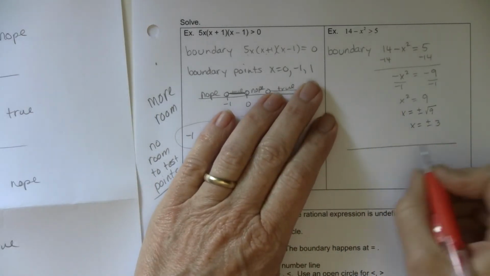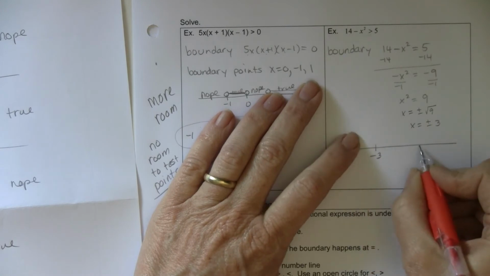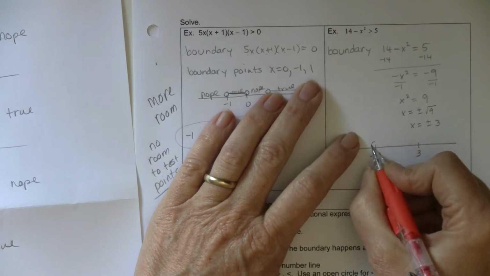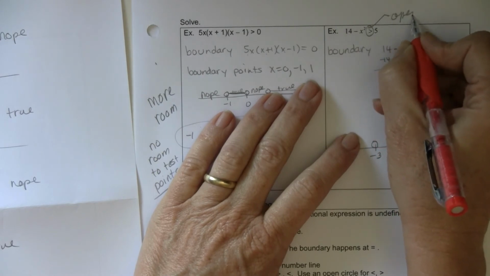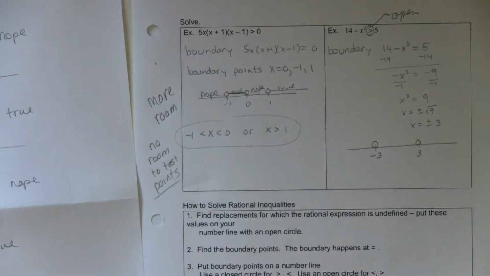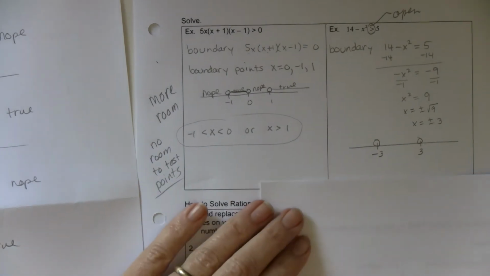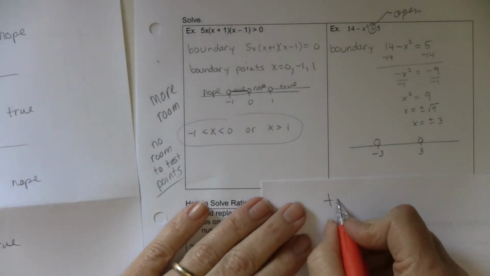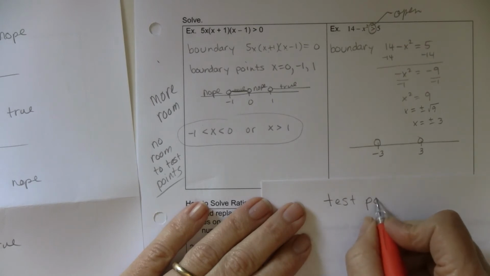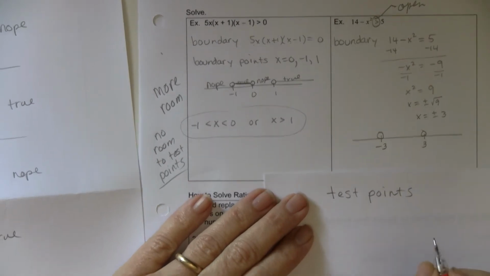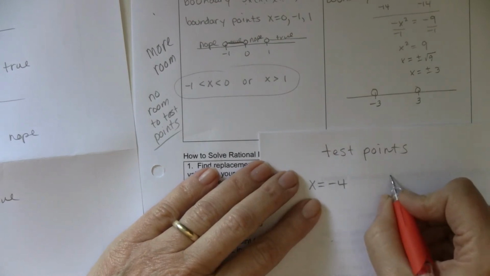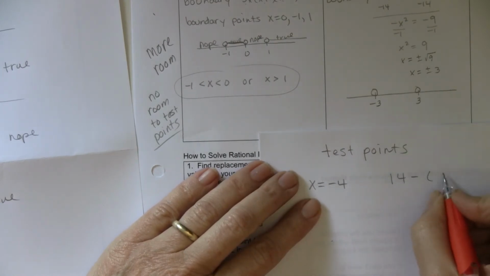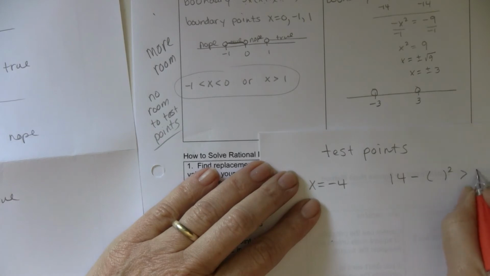So on my number line is going to go -3 and +3 with open circles because this is open. And now I've got the regions to test, and so I'm going to test them. Here are my test points on this one. I had to go on a different piece of paper in order to get them in. So I'm going to test x equals -4. So this is 14 minus x squared is greater than 5.